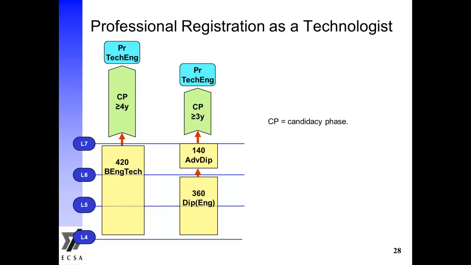To register as a professional technologist, a BEngTech graduate will have to complete a candidacy phase of at least 4 years, and an advanced diploma graduate will have to complete a candidacy phase of at least 3 years.